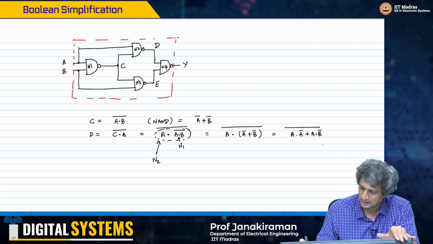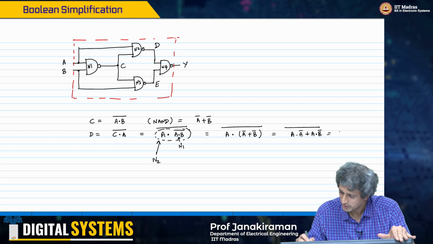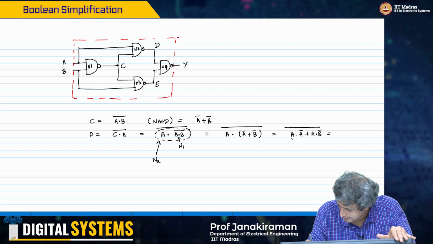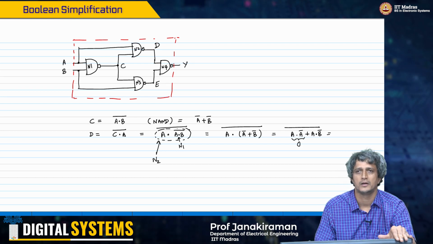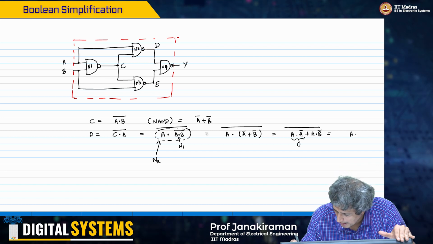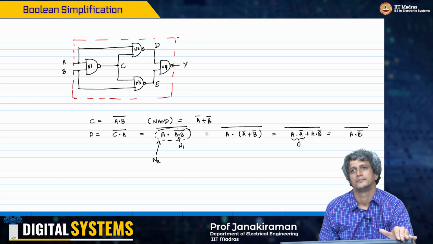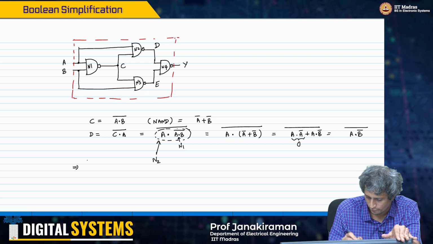Now I am not going to simplify this any further deliberately. You will see why later. This one is 0 because AND with its own complement is 0, and therefore this is simply A and B bar whole bar.